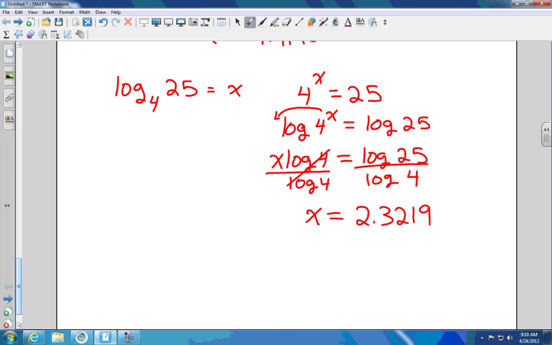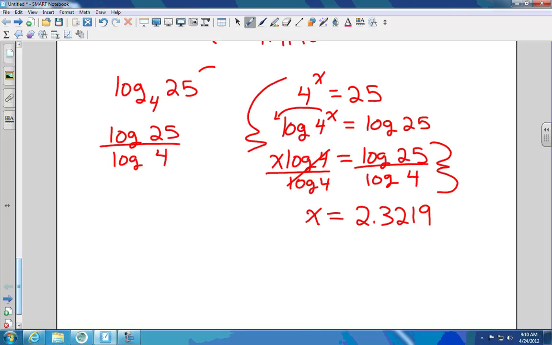So in the original problem, looking at log base 4 of 25, we can skip the stuff where we changed it to exponential, because look what we're going to eventually type in. You're eventually going to type in log 25 divided by log 4 and get your answer. So we could go from right here and write log 25 divided by log 4. So this number's on top, this number's on the bottom, and get your answer.